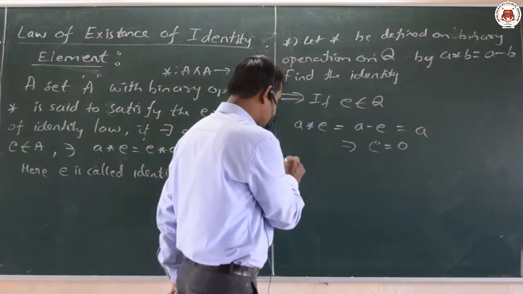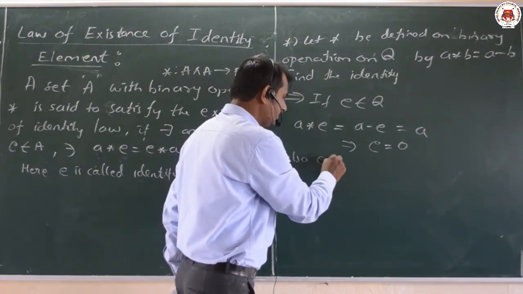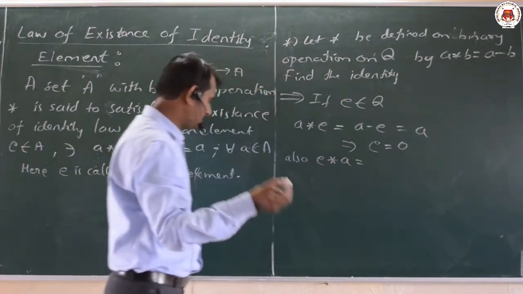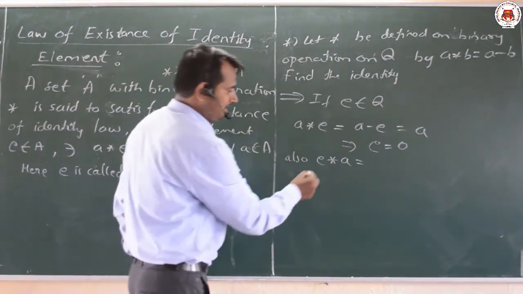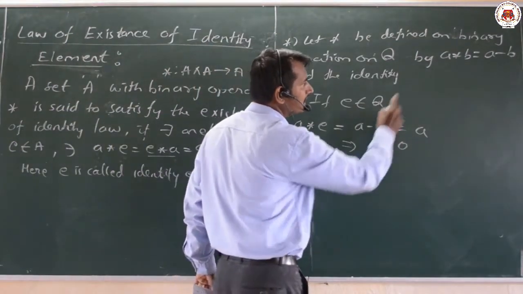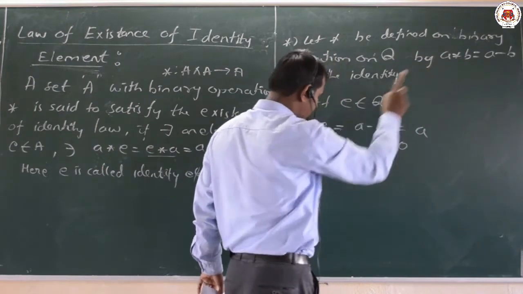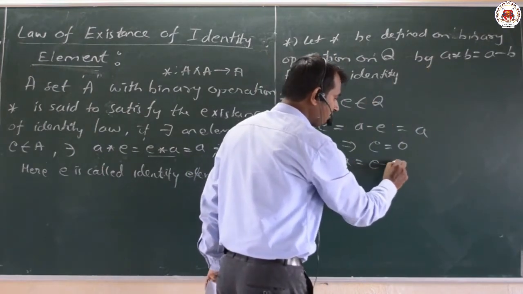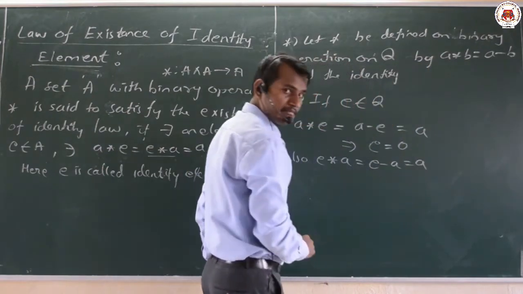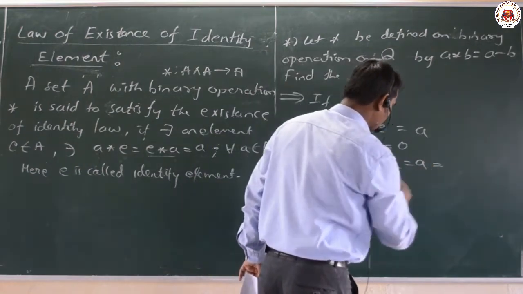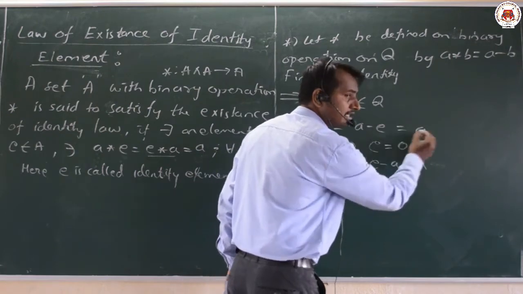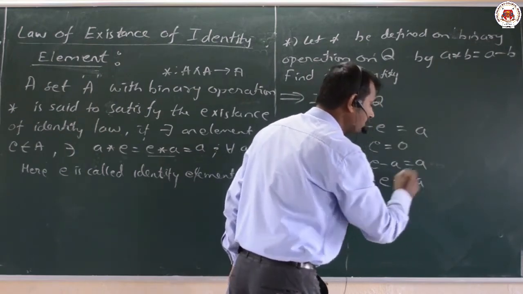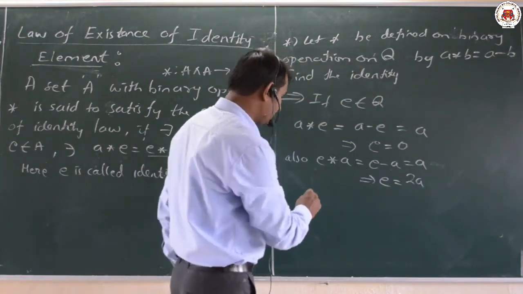Also E star A equal to A. Going back to the definition, E star A means E minus A equal to A. So E minus A equal to A gives E equal to 2A.